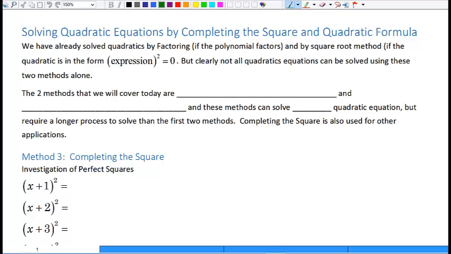So the two methods that we are going to cover today are completing the square and the quadratic formula.